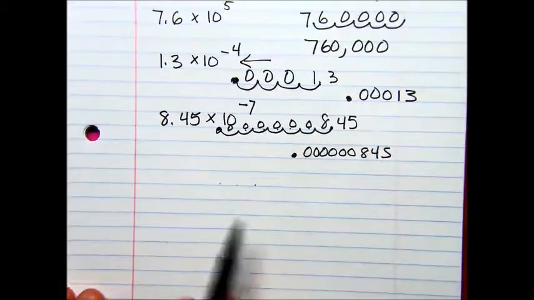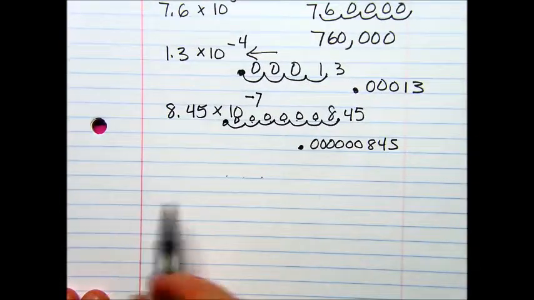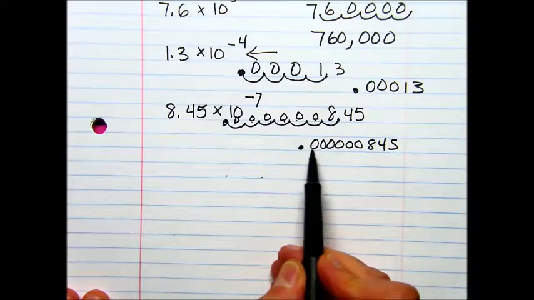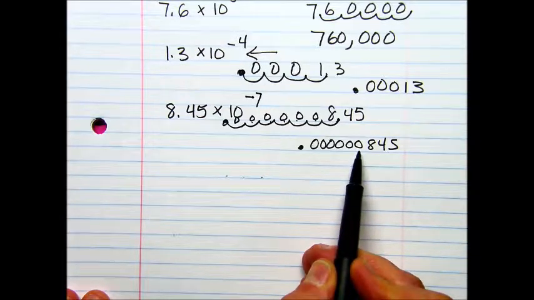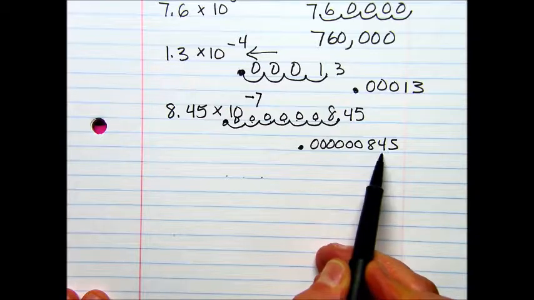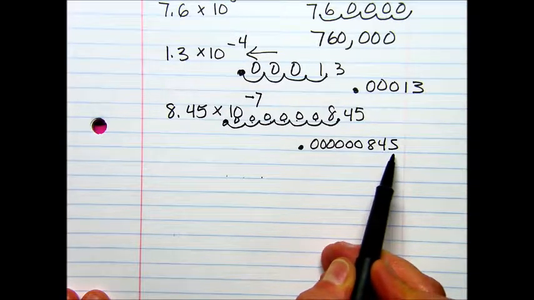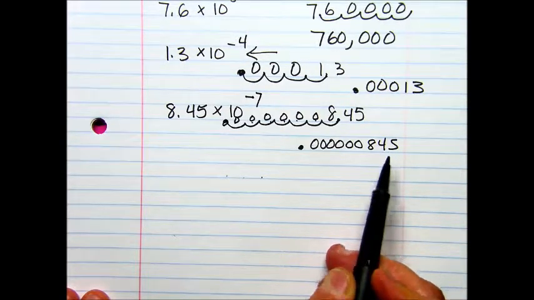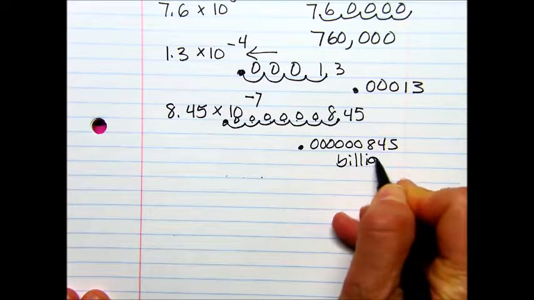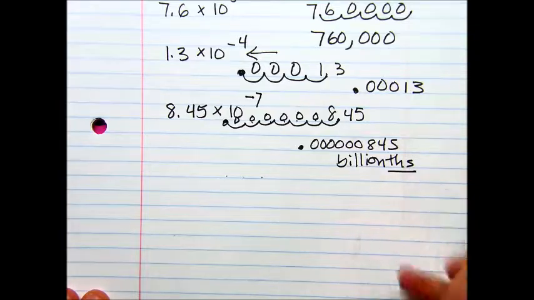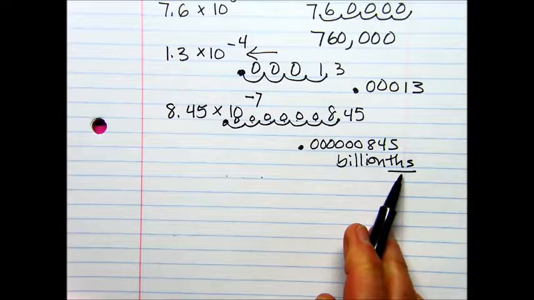That's a really small number. If you want to think of place value: tenths, hundredths, thousandths, ten thousandths, hundred thousandths, millionths, ten millionths, hundred millionths, billionths. So this number is in the billionths. That TH tells you it's a decimal number.